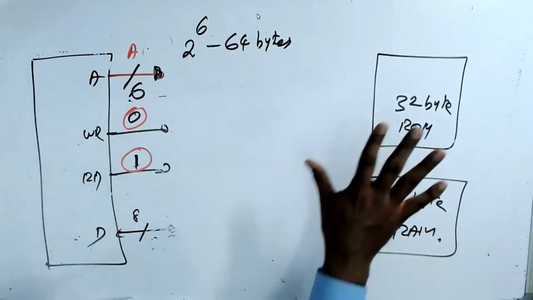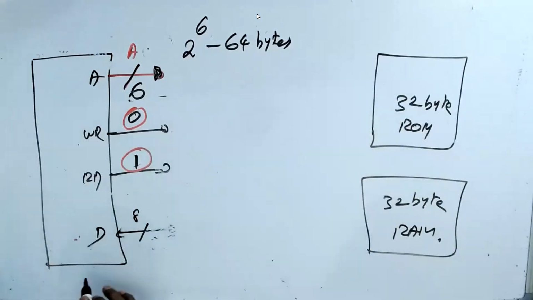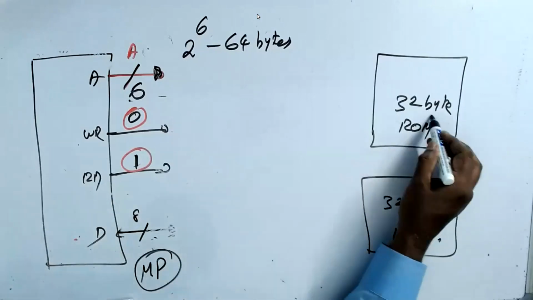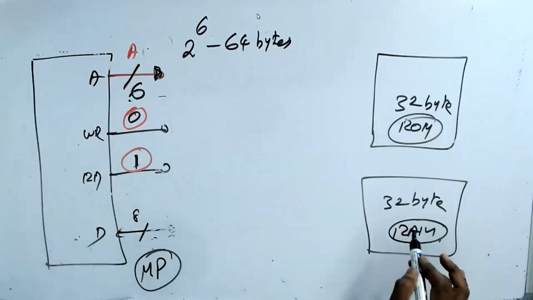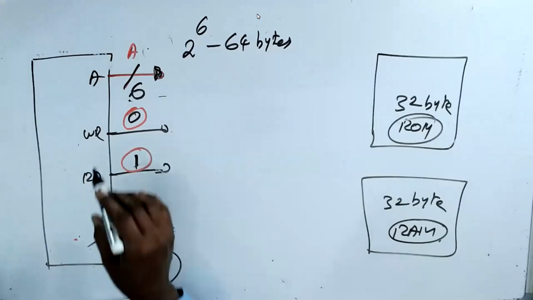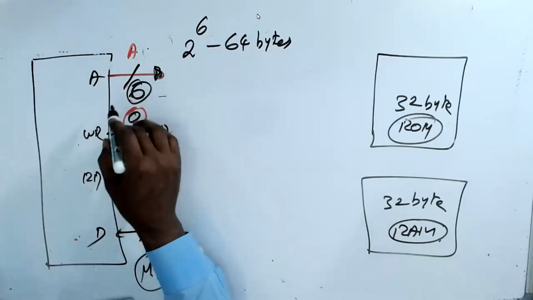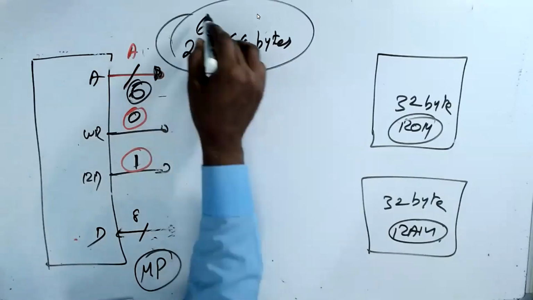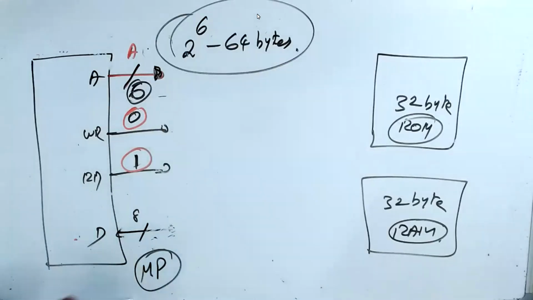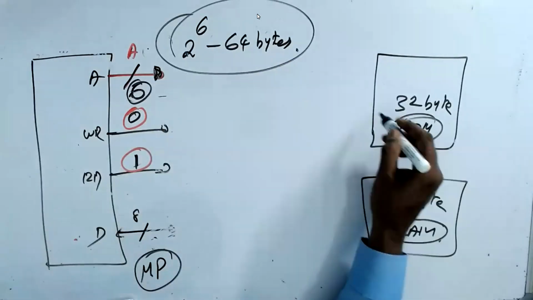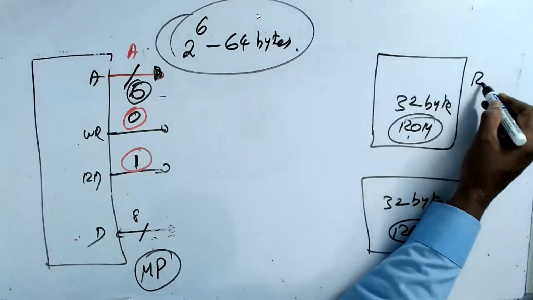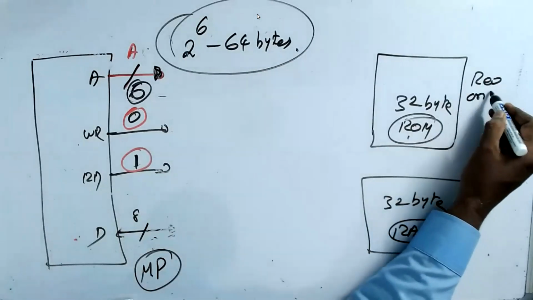There are 2 chips. Now I have 3 chips. One is microprocessor, one is ROM, one is RAM. And the microprocessor, with the help of 6 address lines, can address 64 bytes. But the ROM is read only, non-volatile.